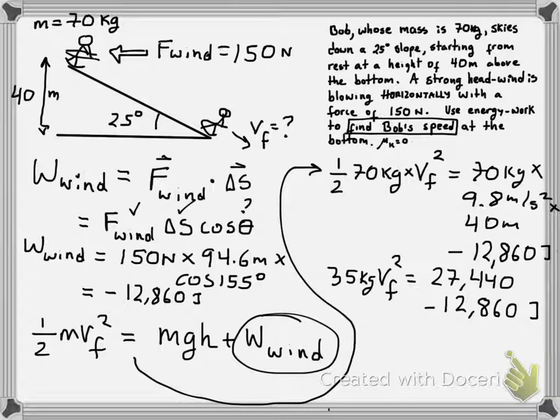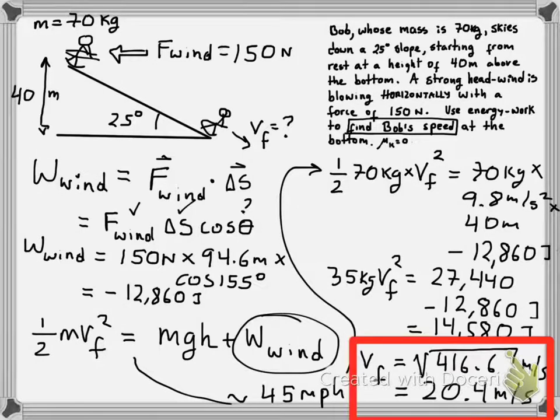The right hand side has a numerical value of 27,440 minus 12,860, which gives 14,580 joules. We divide that by 35, which gives us 416.6, and we take the square root of that to solve for the final velocity. So the square root of that number gives us our final answer of 20.4 meters per second, which is about 45 miles per hour. So Bob reaches the bottom of the incline with a speed of about 45 miles per hour.